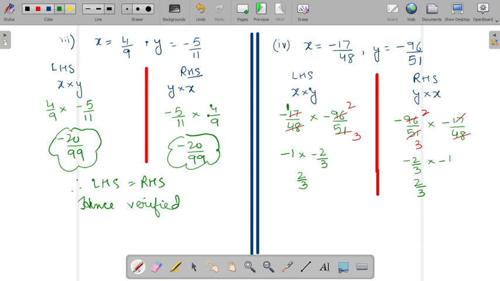So minus 1 multiply minus 2, so this is plus 2 by 3. Similarly in RHS also, you will get minus 2 multiply 1 is 2 upon 3. So again you are getting LHS equal to RHS, hence verified.